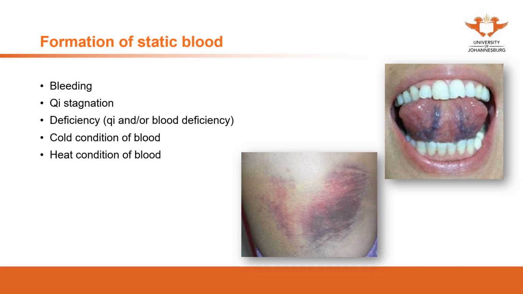So in the body, when you have excess heat, the heat will concentrate the blood, and the result is that the blood becomes thicker. Once the blood becomes thicker, it doesn't move that well, and that will result in static blood.